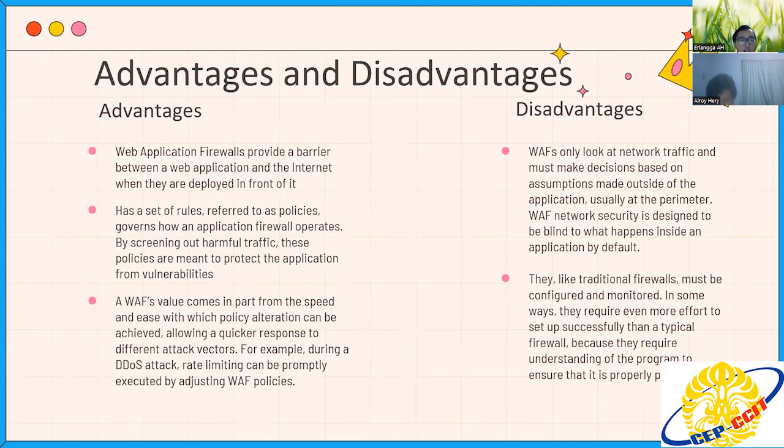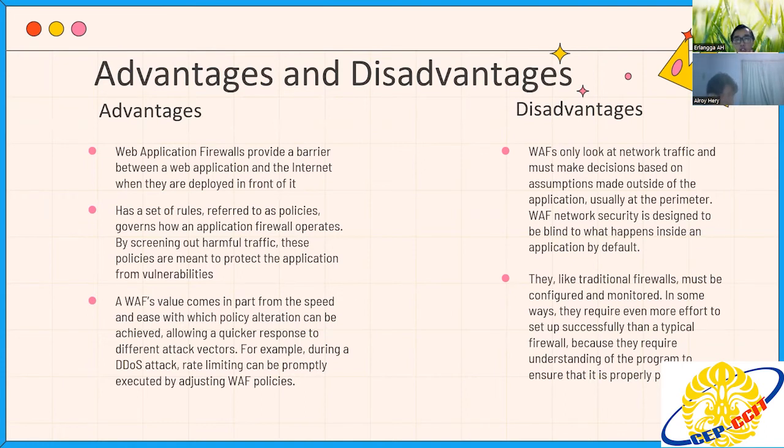And the third one is WAF's value comes in part from the speed and ease with which policy alteration can be achieved, allowing a quicker response to different attack vectors. For example, during a DDoS attack, rate limiting can be promptly executed by adjusting WAF policies.